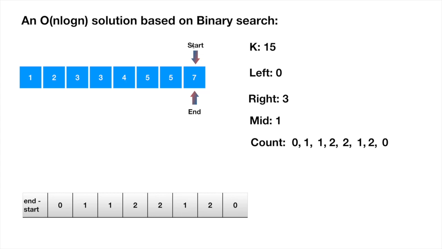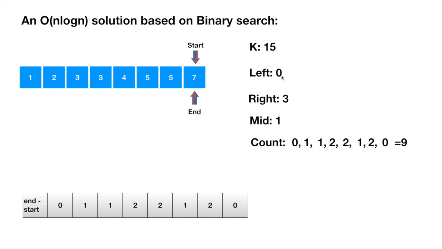We have no legal pair of distances in this situation. So the total count is 9, which is smaller than k, and it means that we need to enlarge mid to allow more and more distances to be counted.